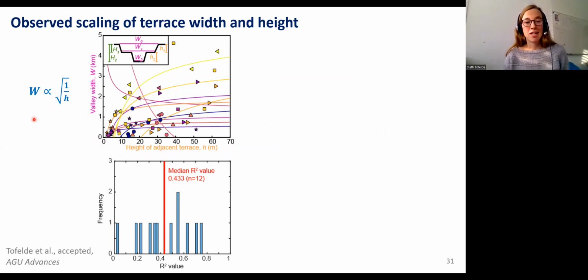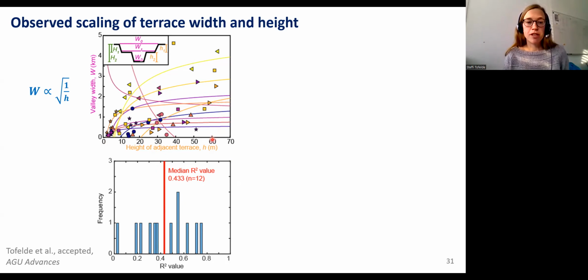We can see, first of all, that in 10 out of 12 cases we actually have a positive relationship. So with higher terraces we also have wider valleys, which means this does not really work with our hypothesis.